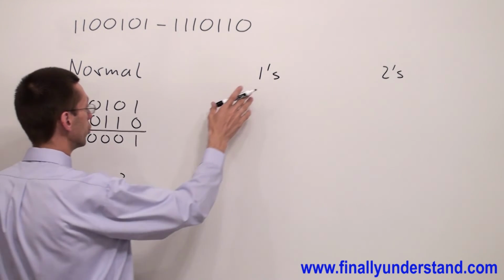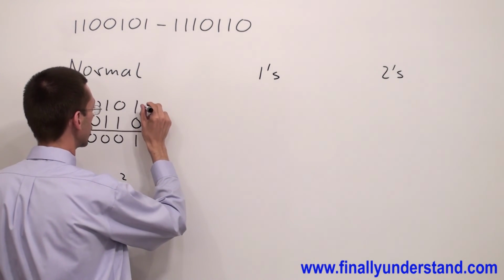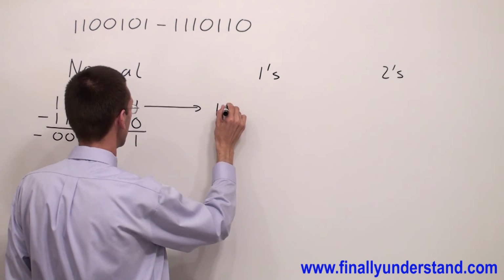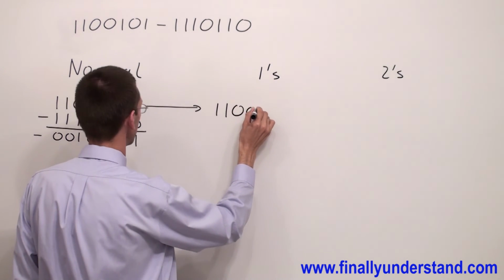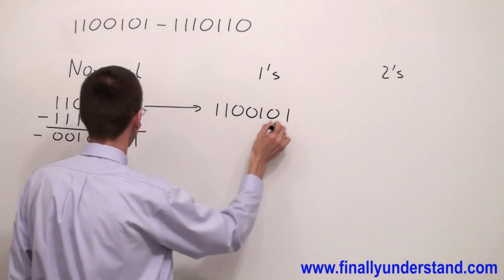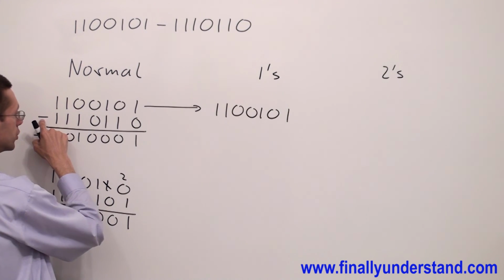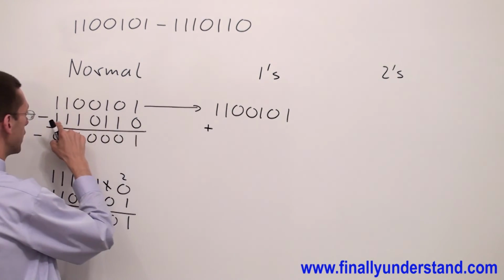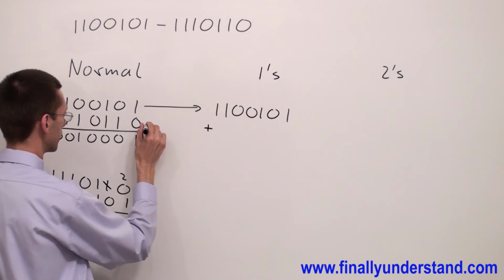Next, we're supposed to do 1's complement. Anytime you do 1's complement, you're supposed to copy the top number always: 1, 1, 0, 0, 1, 0, 1. And subtraction, you're supposed to change to addition, and find the 1's complement of the second number.